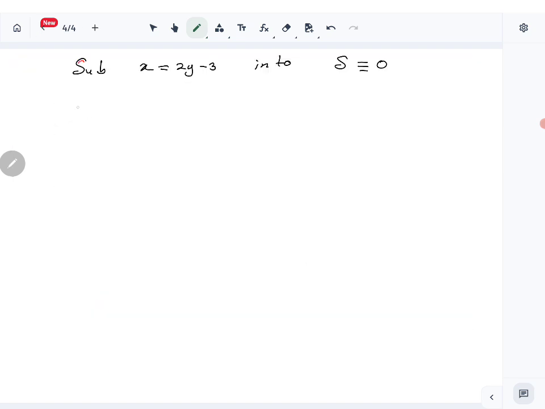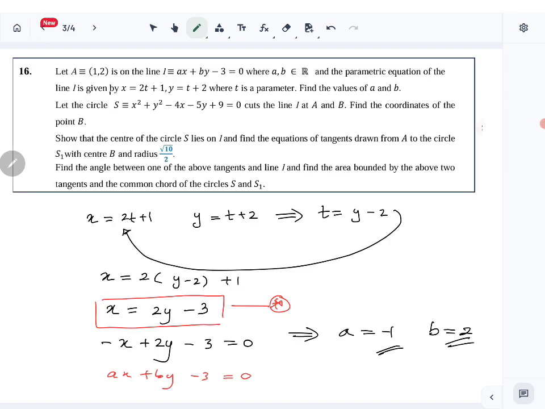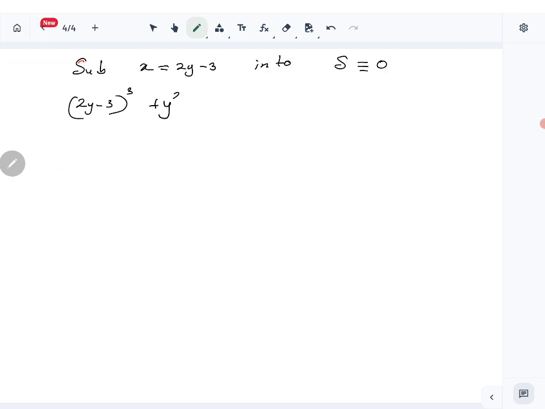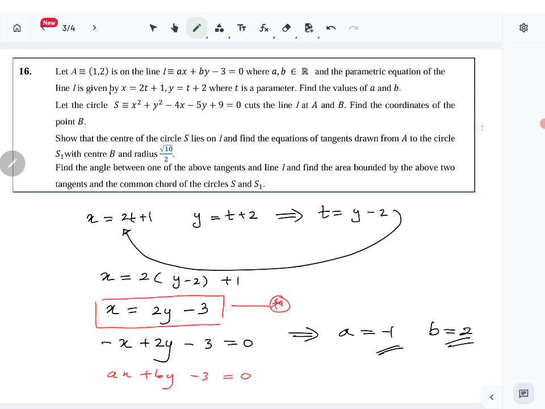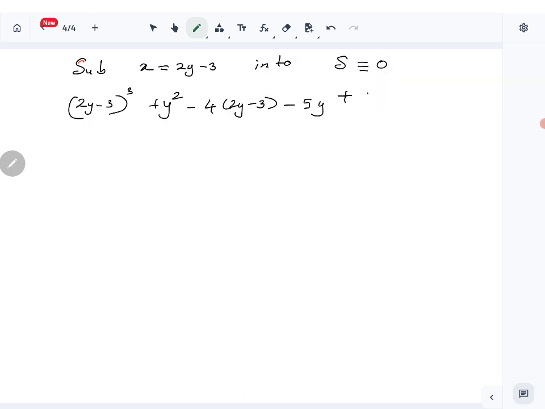There's x squared that you can replace with 2y minus 3 whole thing squared, plus y squared, minus 4 times 2y minus 3, minus 5y, plus 9. Expand, simplify: 4y squared minus 12y plus 9, plus y squared minus 8y plus 12, minus 5y plus 9, equals 0.